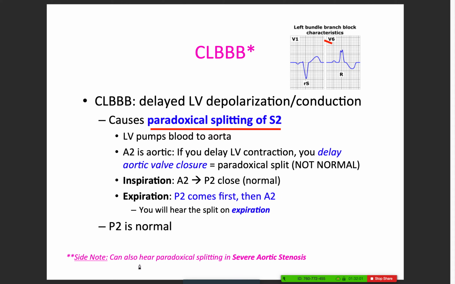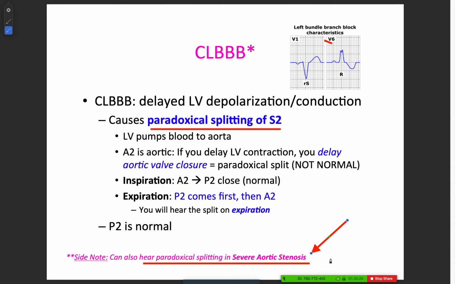So the other way that we can hear a paradoxical split is in severe aortic stenosis. In the context of this class and really trying to succeed on Step 1, I want you to memorize paradoxical split being caused by severe aortic stenosis. Why is it causing severe aortic stenosis?